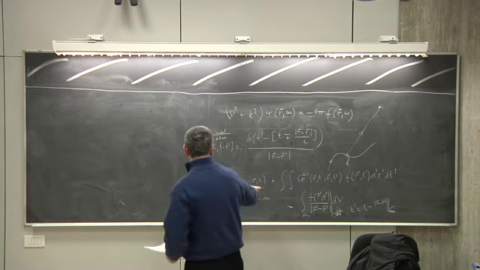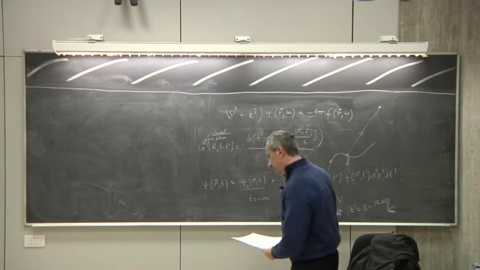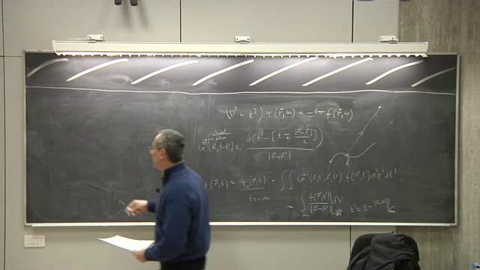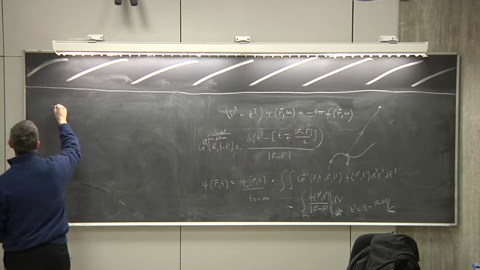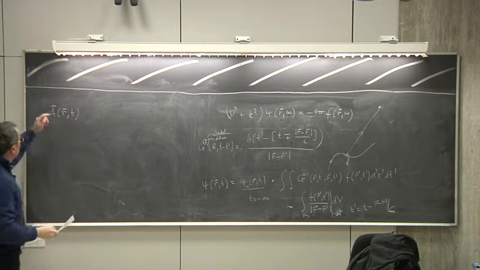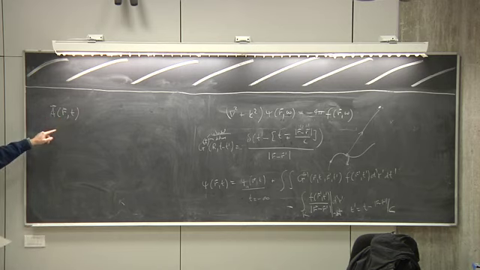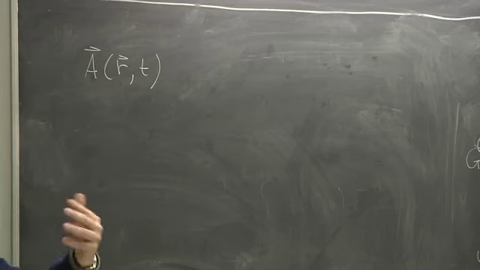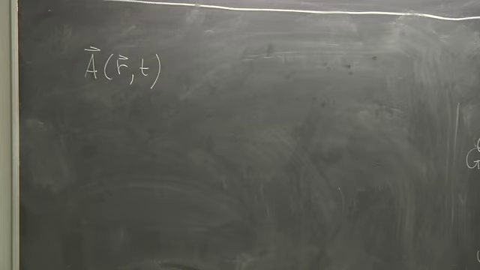And by using this, I have that the vector potential, therefore, at the point R. So the vector potential at the space point. I start talking about space-time because very soon we will talk about that.